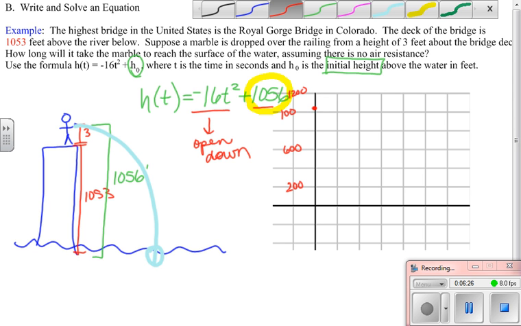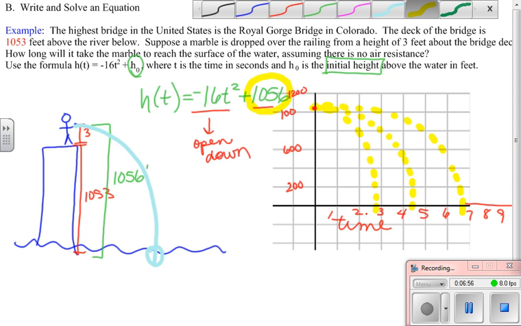Now what I'm looking for is this input value, this time value. When does it hit the water on the curve? So I'm really wondering which one of these curved paths it will take.